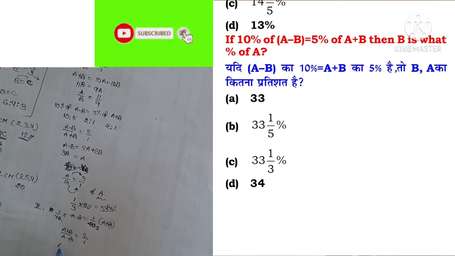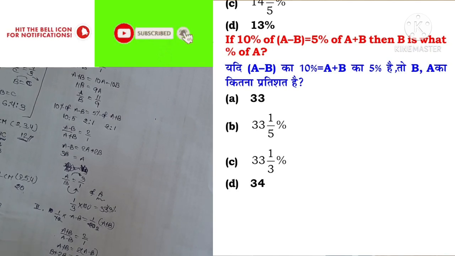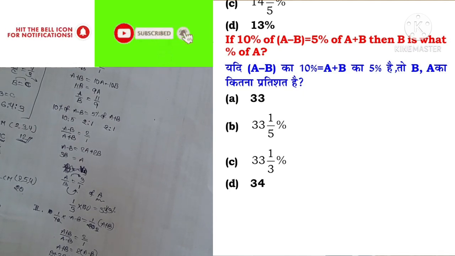So cross multiply. a plus b is equal to 2 into (a minus b). So 2a minus a is equal to b plus 2b. So 3b is equal to 1a.